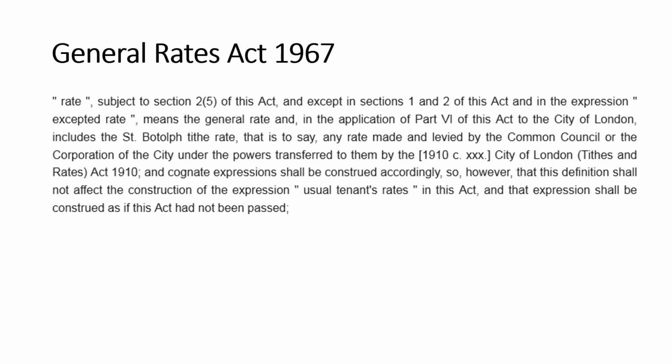So we don't care about most of that. And now again, usual tenant's rate refers to the second last line in this Act. Again, a tenant is somebody that's probably renting property for commercial purposes.